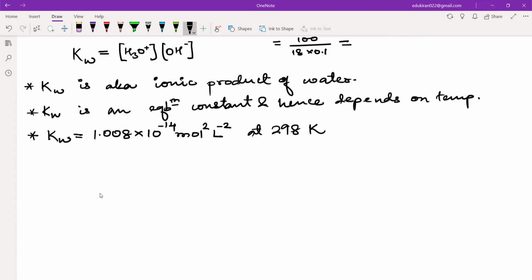But we will remember that Kw, no matter what, whether we are adding acid or adding base, is going to be the same. The Kw is going to be 1 into 10 to the power minus 14. You can forget about the exact value, but you cannot forget 10 to the power minus 14.